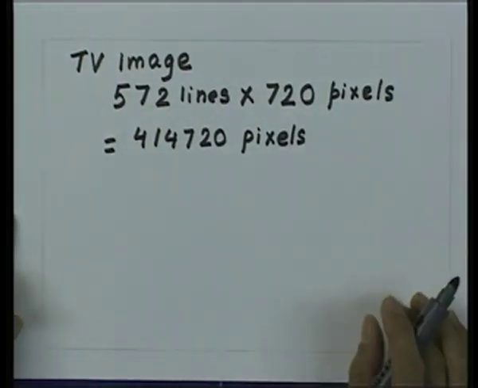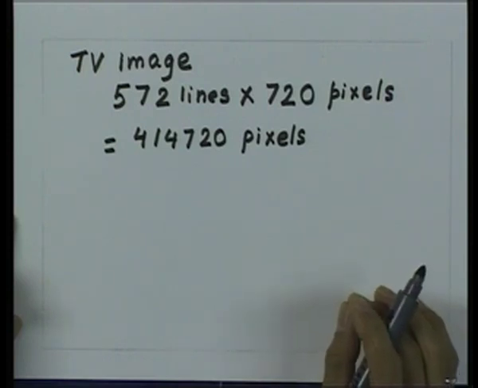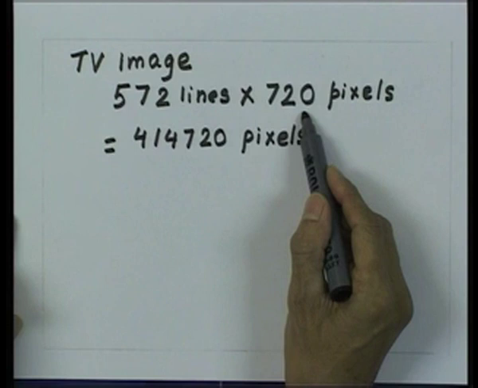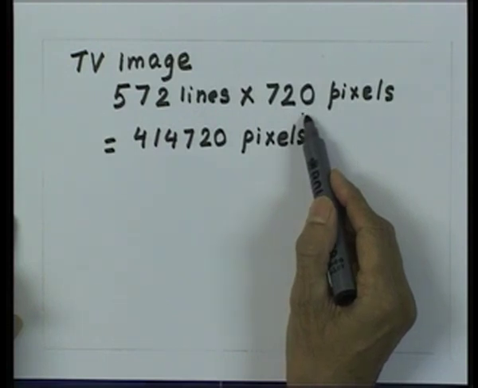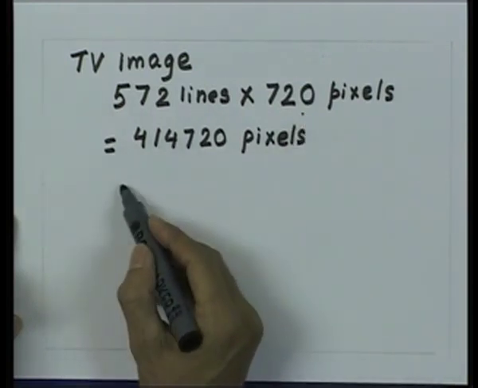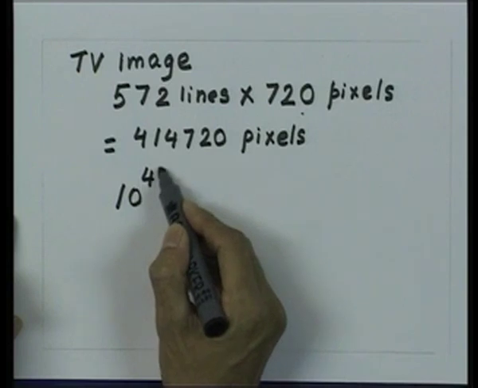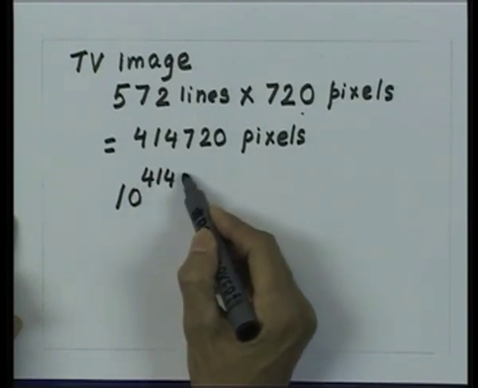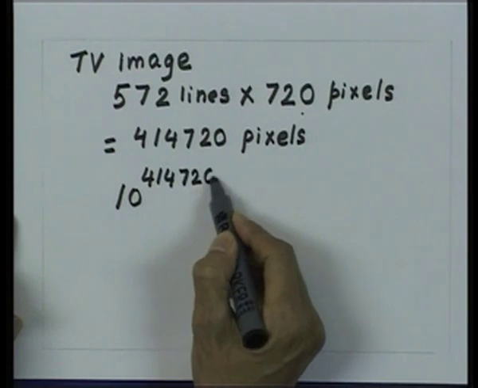If I presume that each pixel can take values from 0 to 9, that means it is allowed to take only 10 gray levels, then the number of TV images which I can form based on this specification, with each gray level consisting of only 10 values, is 10 raised to 414,720.